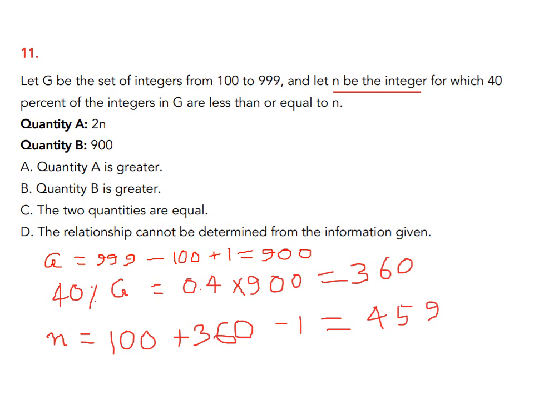So we get 459. So the integer is 459, from which 40% of the integers of set G are less than or equal to it. So 2n will be equal to 2 multiplied by 459, so 2n equals 918, which is greater than 900. So the answer will be: quantity A is greater.